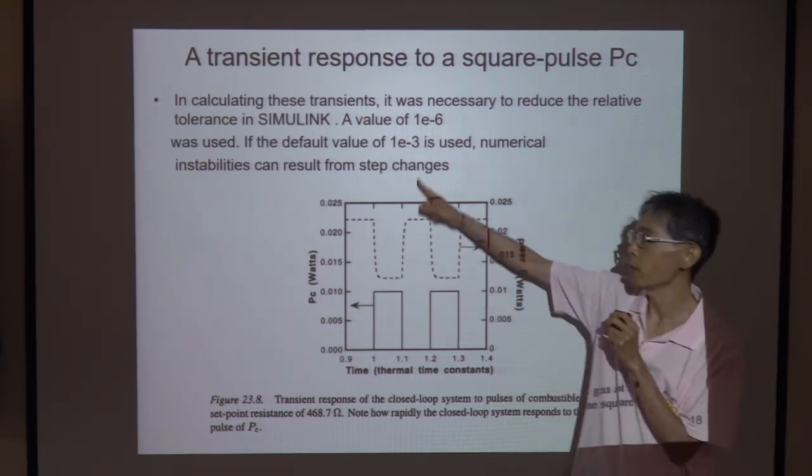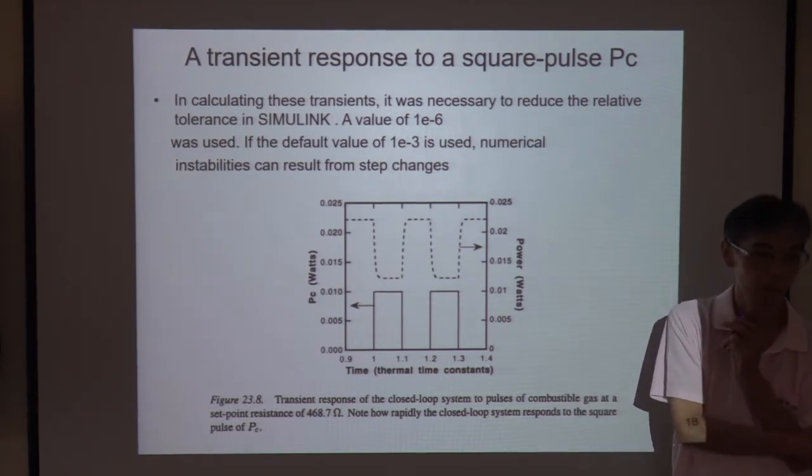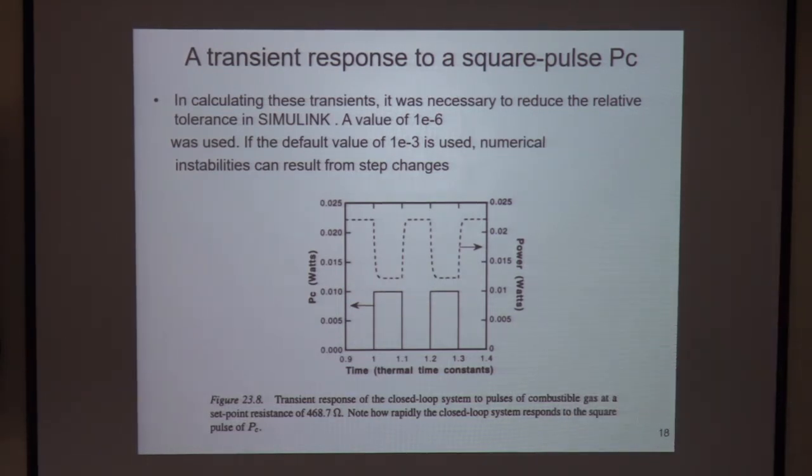Leo, could you read this? Calculating these transients, it was necessary to reduce the relative tolerance in simulating. A value of 1e-6 was used.